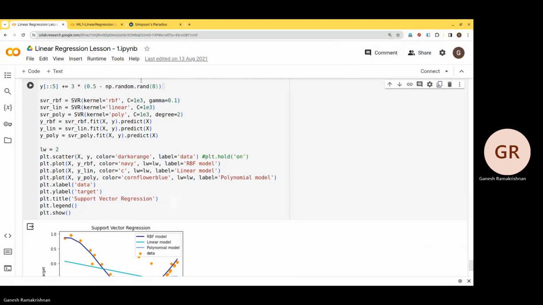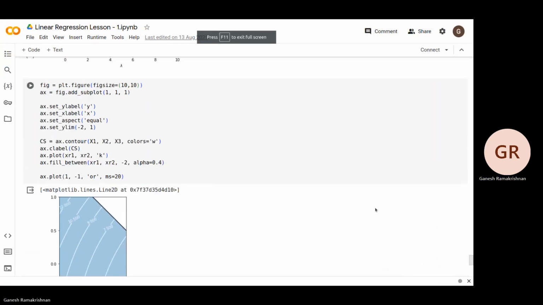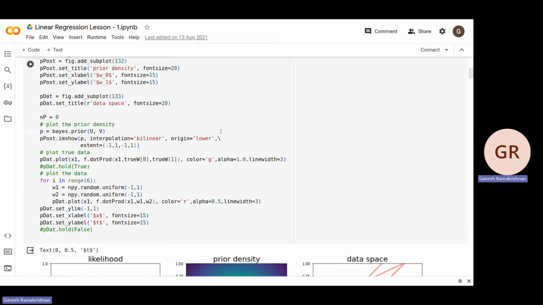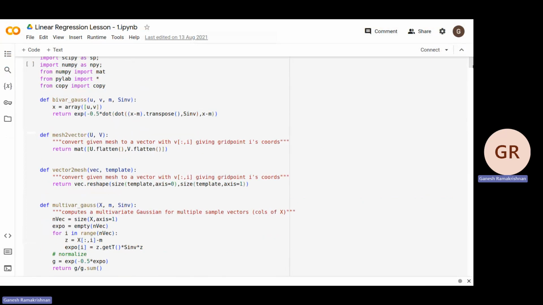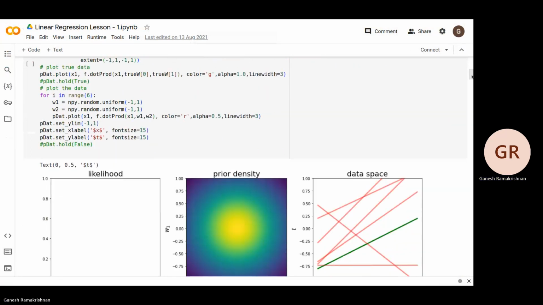This is a slightly different Colab notebook than what I showed last time, where the motivation for sparsity, how L1 leads to sparsity, has been brought out more explicitly.